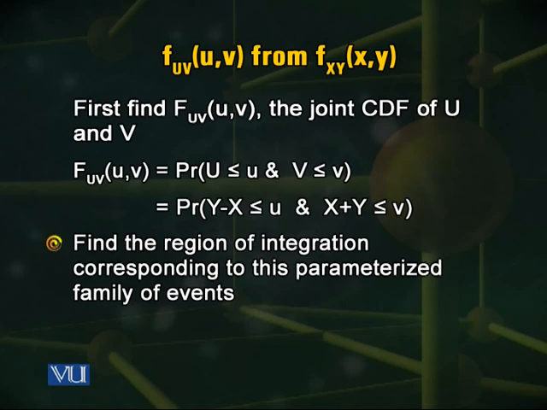As you know, u is y minus x and v is x plus y. So there are regions on xy plane which correspond to these probabilities, and the boundaries of these regions vary as we vary u and v.